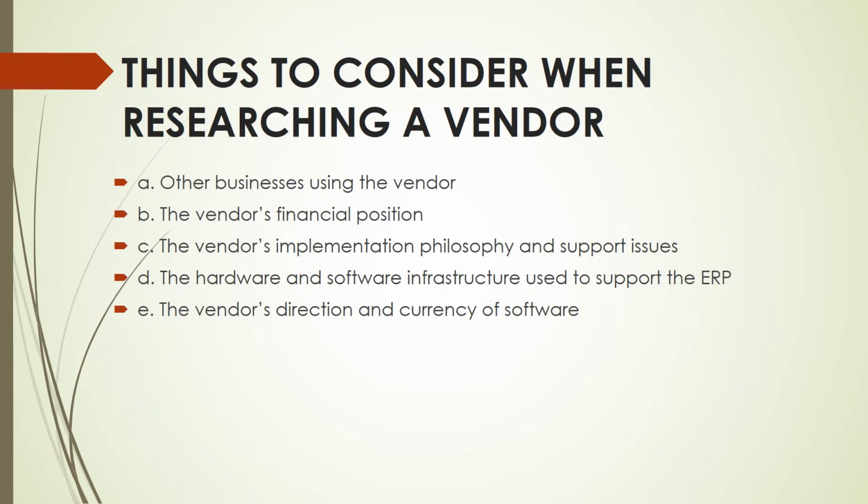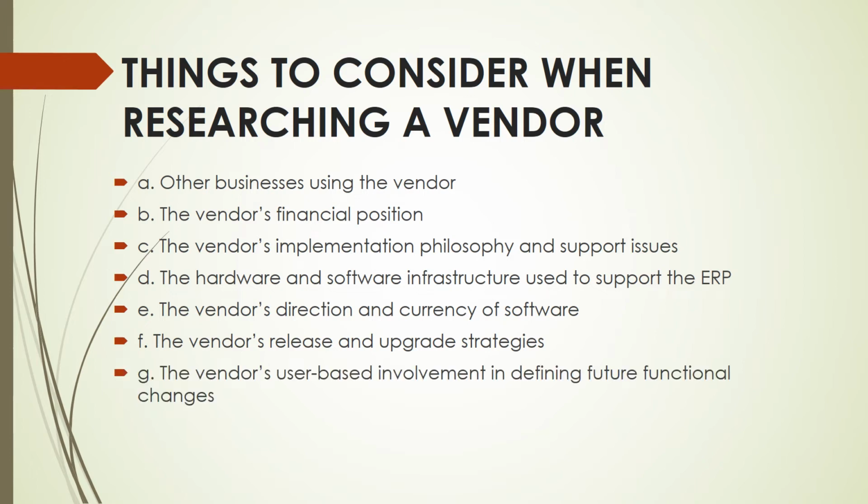Fifth, the vendor's direction and currency of software. Sixth, the vendor's release and upgrade strategies. Seventh, the vendor's user base involvement in defining future functional changes. And lastly, the vendor's development and maintenance resources.